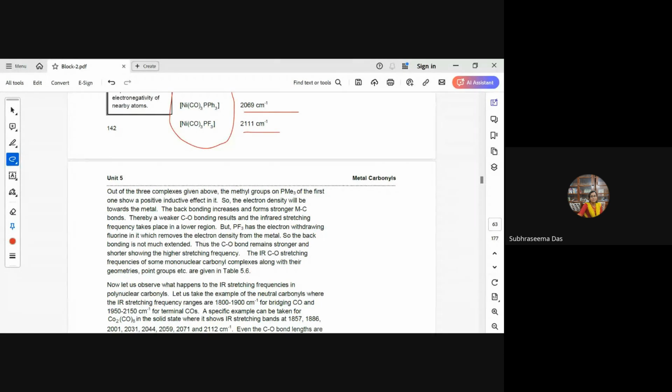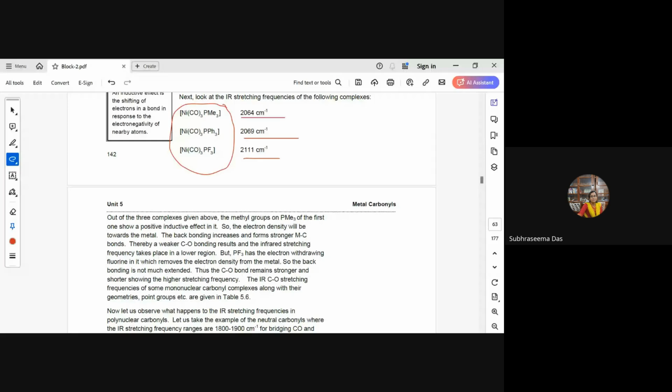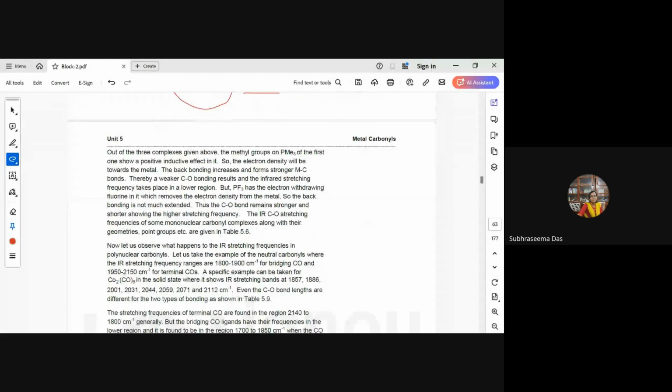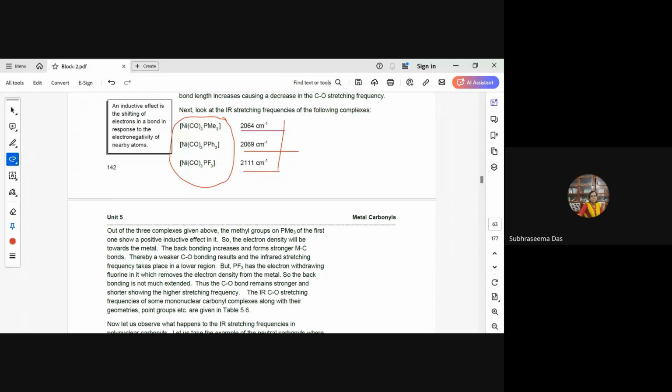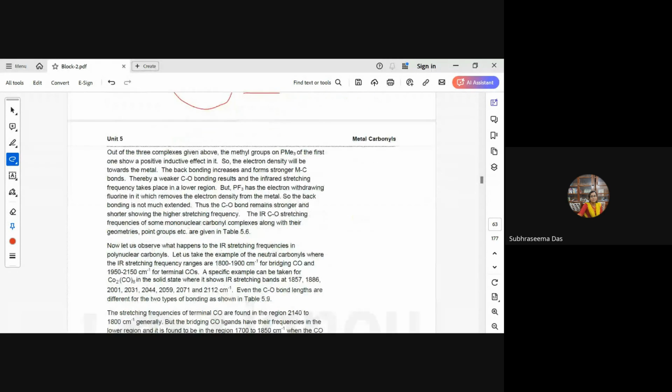That is why we see an increase in the absorption. With this data, we can say that the nature of the ligands plays an important role in deciding the stretching frequencies observed in the IR spectra.